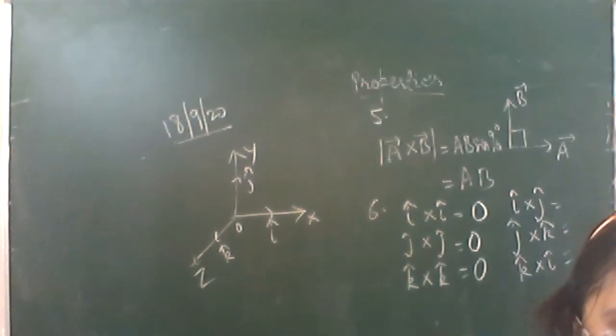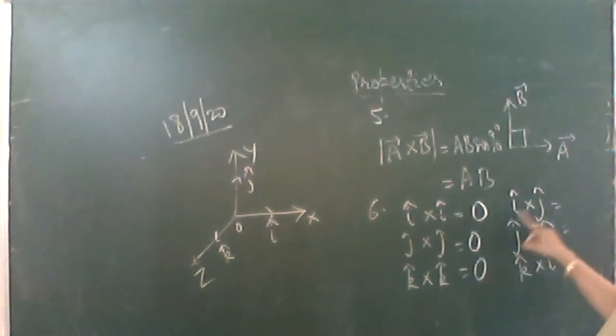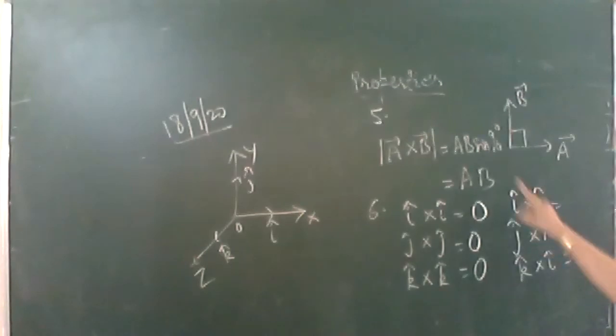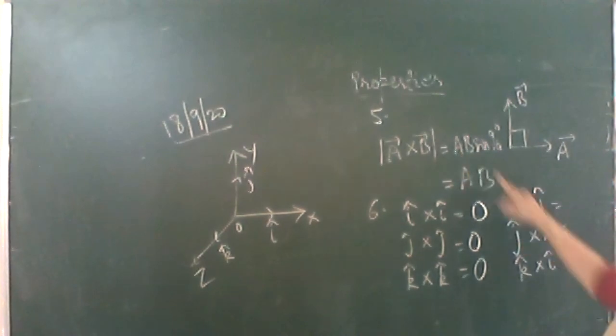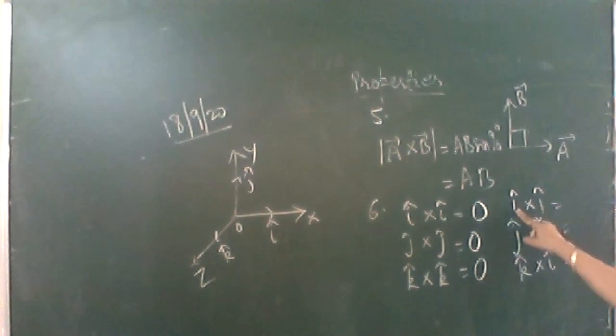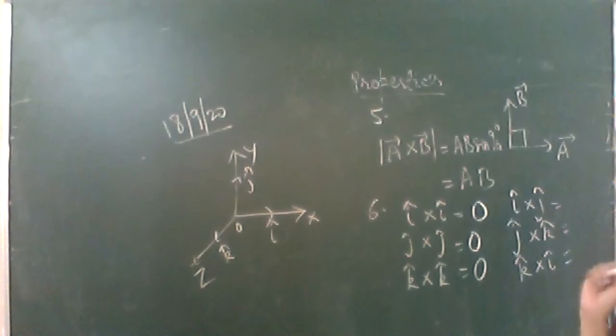Like A cross B is equal to AB sine theta, the magnitude of i cap is 1, magnitude of j cap is 1, into sine 90 degree. Sine 90 is 1. So the magnitude of i cross j cap is 1. But i cross j cap is a vector quantity. It has got some direction also.